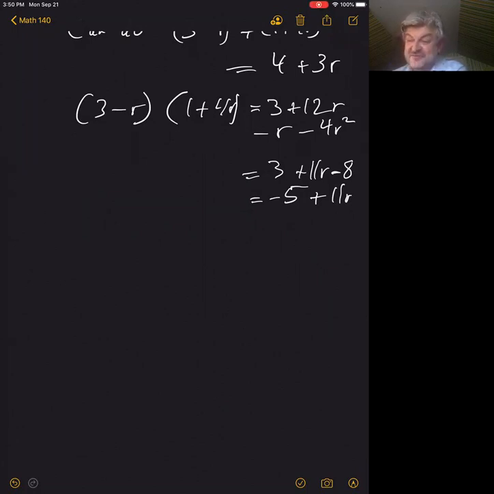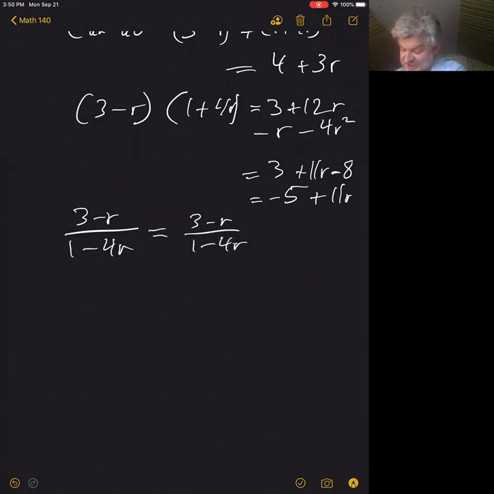And then comes division. That's a little trickier. So let's divide. 3 minus R divided by 1 minus 4R. And here we did something like this before. Make the denominator rational.